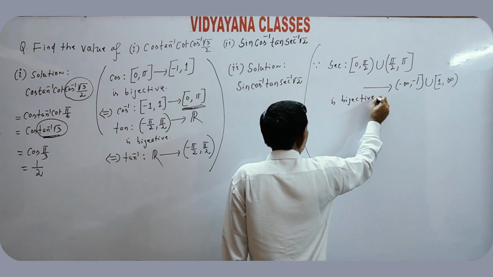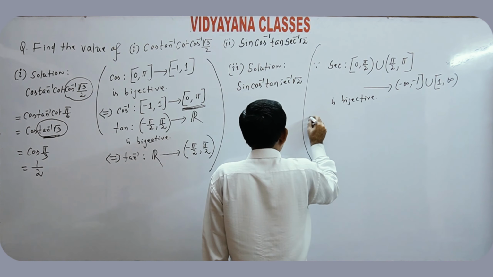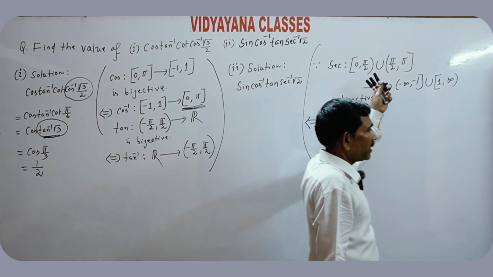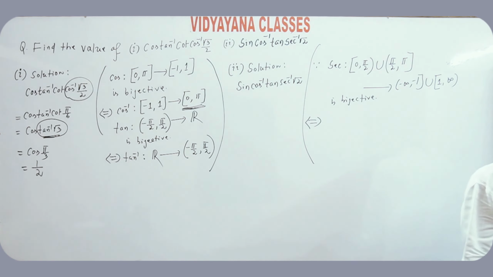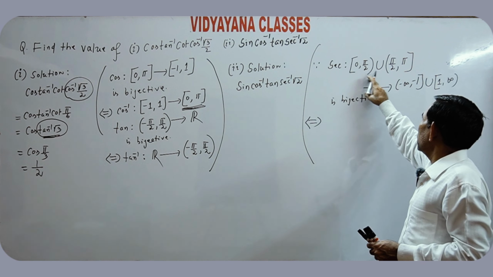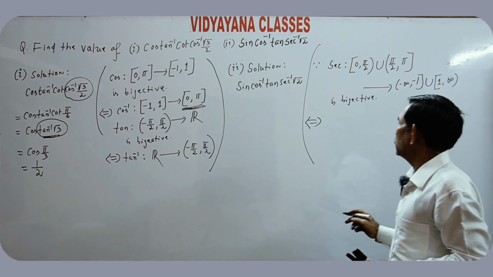Bijective implies its inverse exists. In this interval, we discussed in the first class that the sec function is bijective when it is defined from this set to this set.